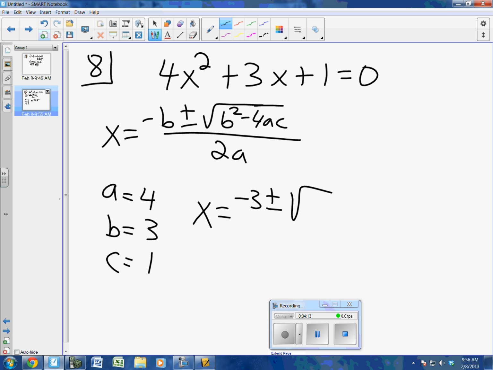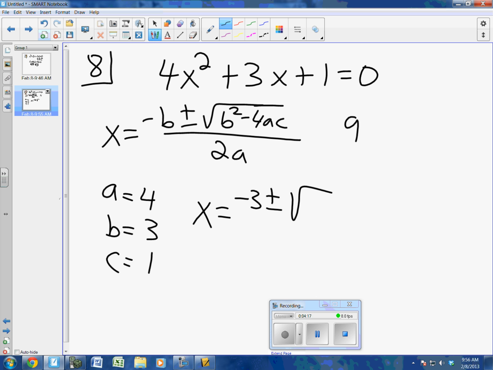Should we do that really quickly up here? B squared. That would be 9. 3 times 3 is 9. Minus 4 times 4 times 1. I know 4 times 4 times 1 is 16. 9 minus 16 is negative 7. So I know that the discriminant is negative 7 divided by 2a. 2 times 4 is 8.